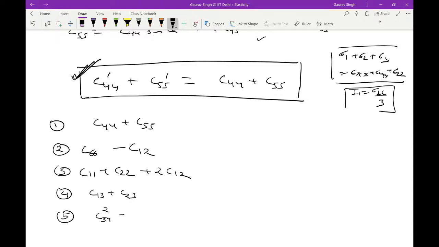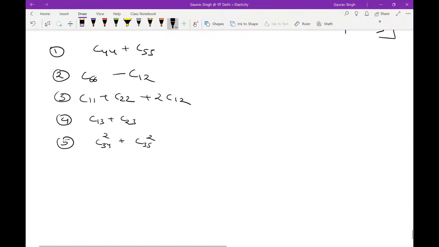C34 whole square plus C35 whole square is an invariant. C11 plus C22 plus C33 plus 2 times of C12 plus C23 plus C13. Okay, so these are a few of them which I have written without showing. We have shown one.